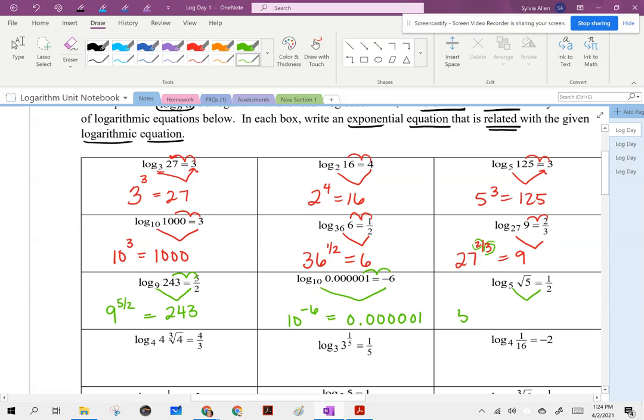5 to the 1/2 power is the square root of 5.